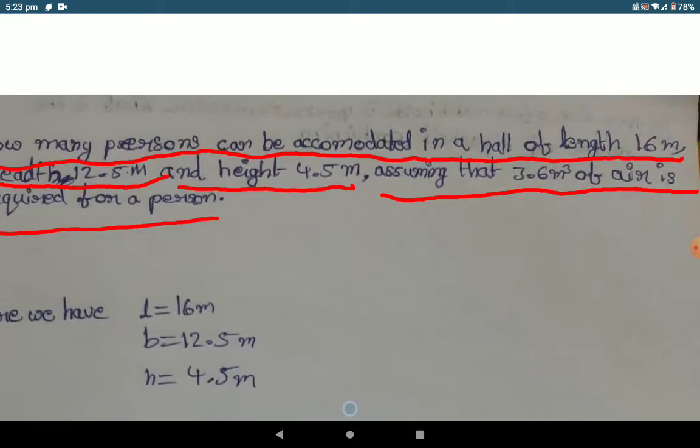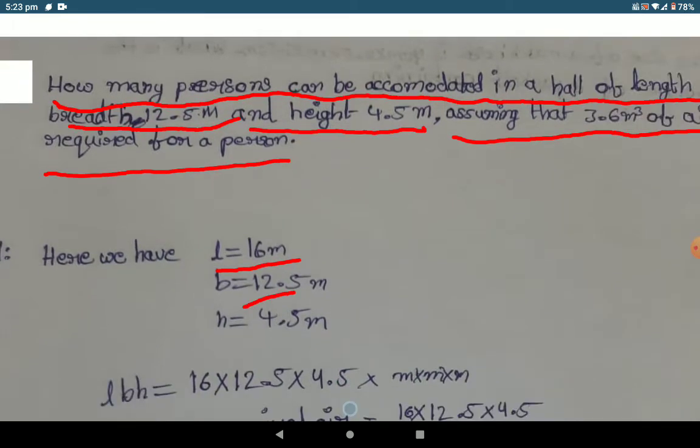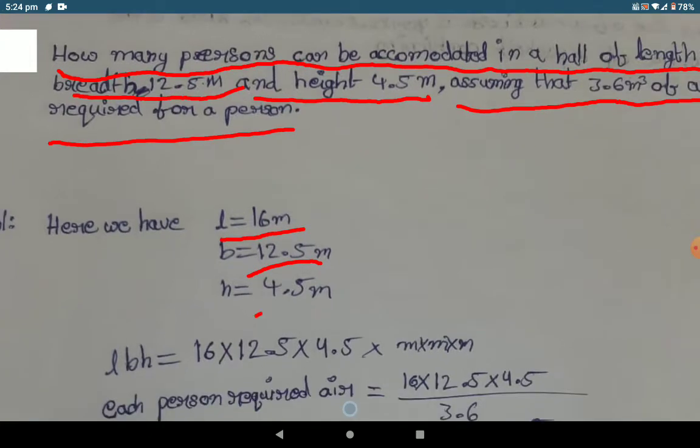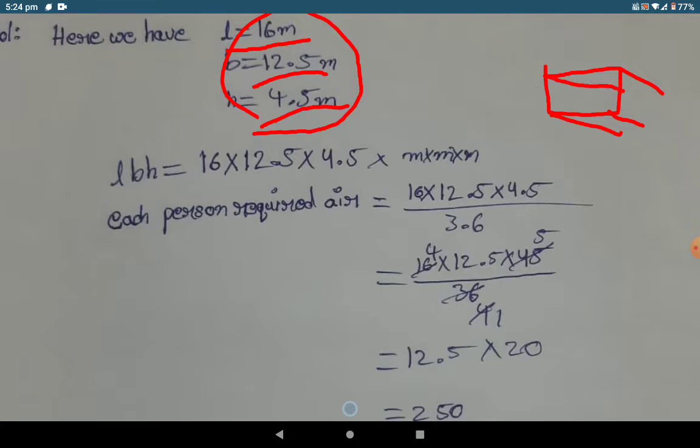So he gave us dimensions of 16 meters, 12.5 meters and 4.5 meters. By these dimensions we can understand that the given shape is a cuboid.